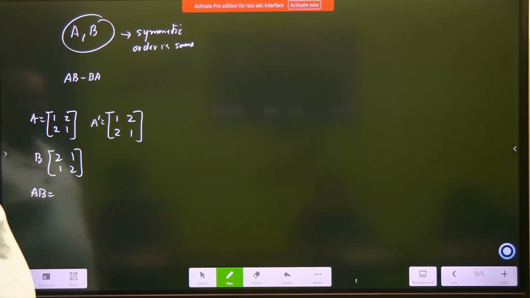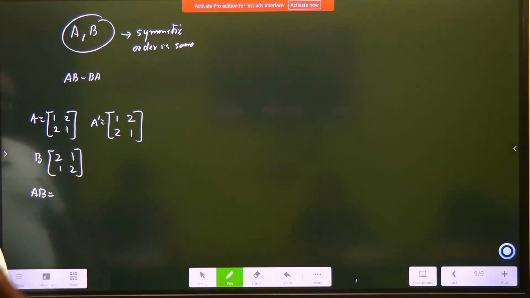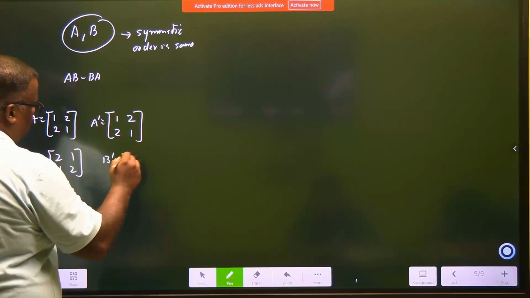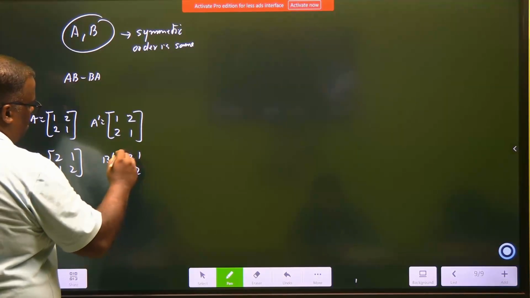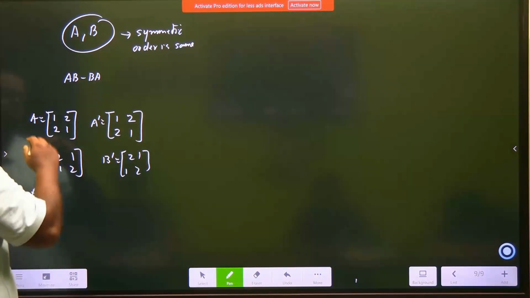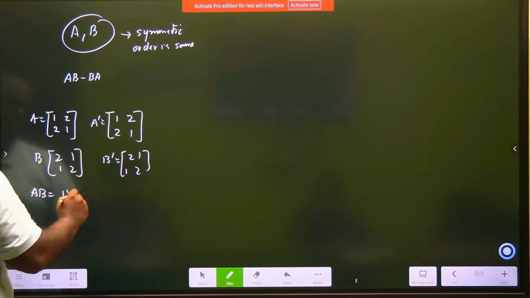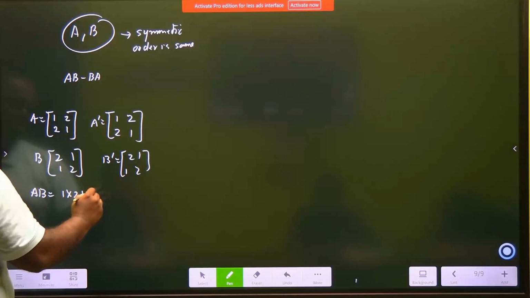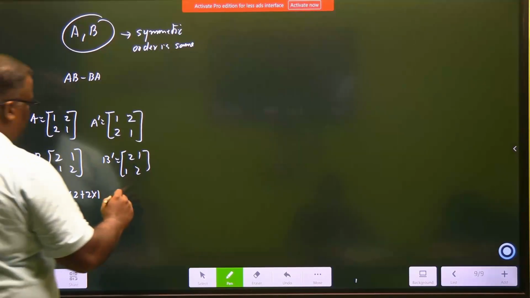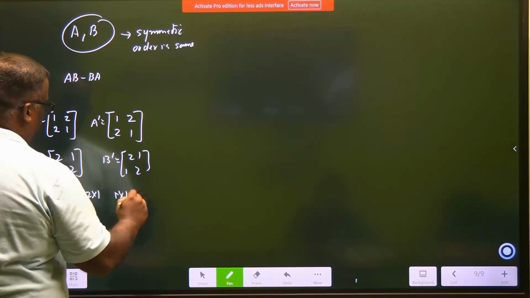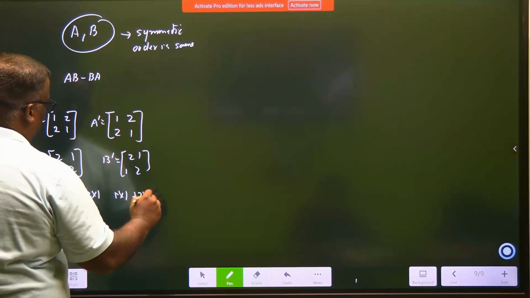AB. Can we do AB? Row multiplied by column. So 1 into 2 plus 2 into 1. Then 1 into 1 plus 2 into 2.